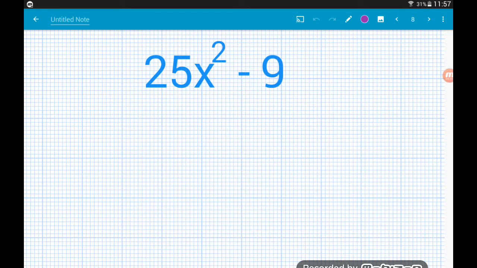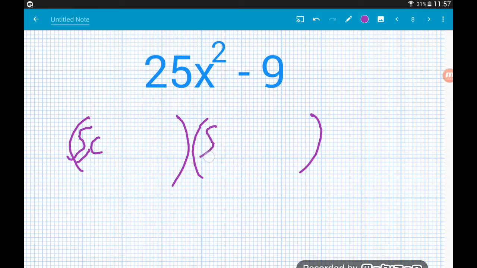25x squared minus 9. So the square root of 25x squared is 5x. And then we need a plus and minus. And the square root of 9 is 3. So 25x squared minus 9 factorises to 5x plus 3, 5x minus 3.